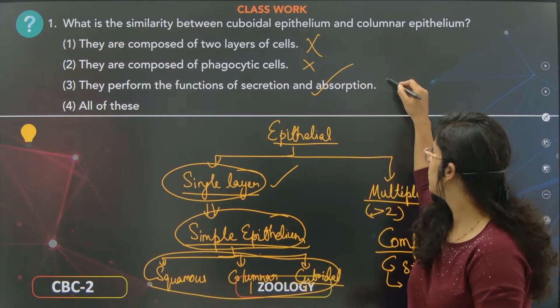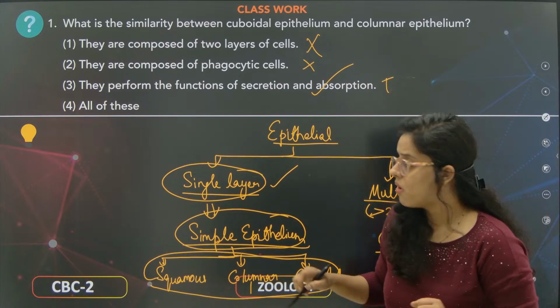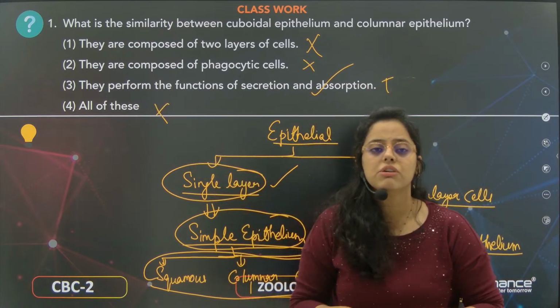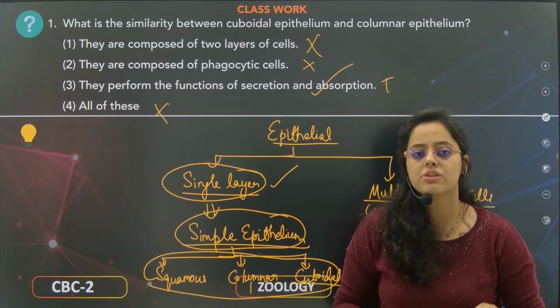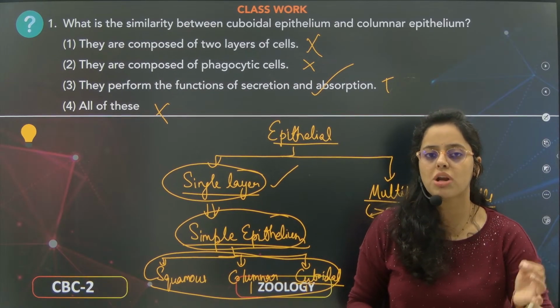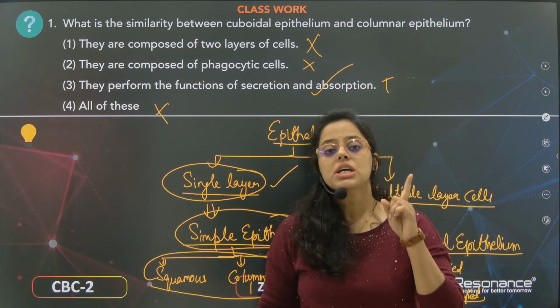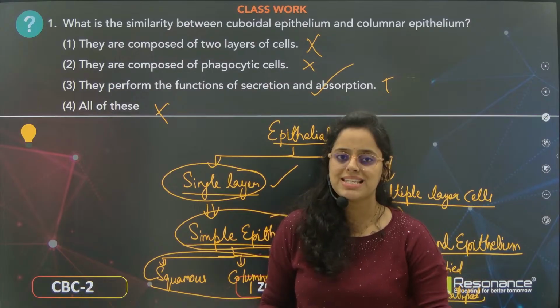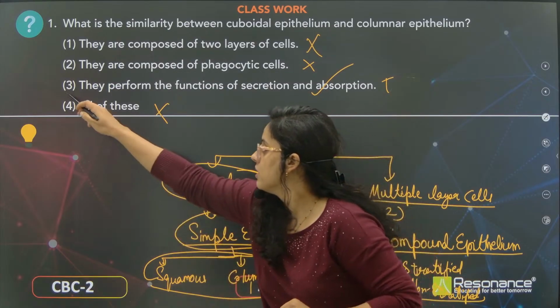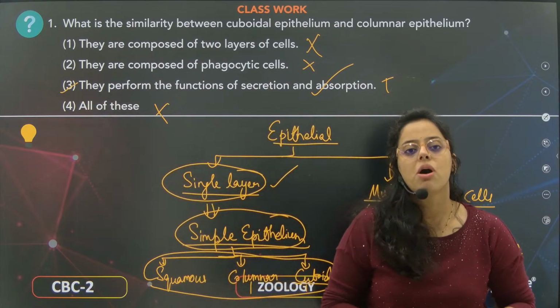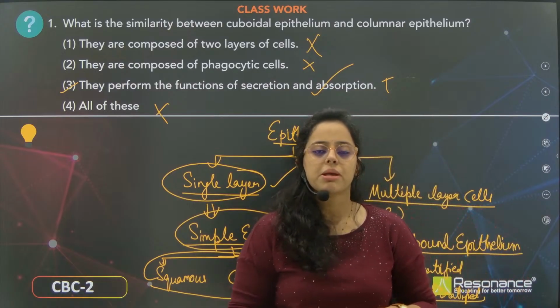So here this is going to be the correct answer, true. Now all of this is again the wrong option. The similarity between cuboidal and columnar epithelium is they are made up of a single layer, and their function is secretion and absorption. So here the answer is they perform the function of secretion and absorption.